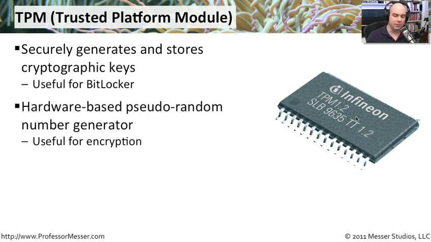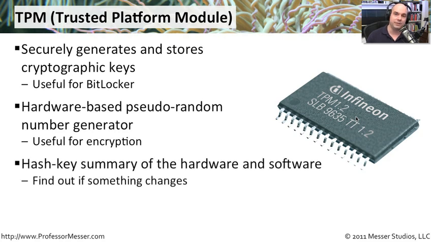This is also a hardware-based pseudo-random number generator. And if you work a lot with encryption technologies and decrypting of data, you know that random numbers become extremely important. And that's one of the nice parts about having this in hardware, is that we can work with these random numbers very, very fast and very, very securely. This also can create a hash key summary of our hardware and software.